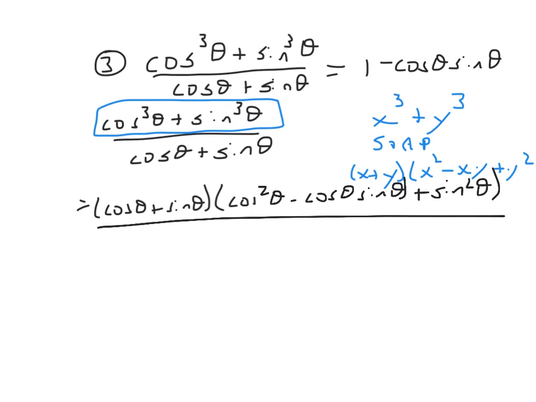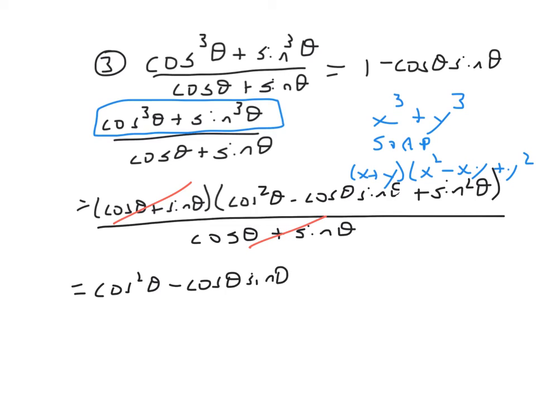And that's all still over cosine theta plus sine theta. Now the cosine plus sine thetas cancel out, leaving me cosine squared minus cosine sine plus sine squared theta.